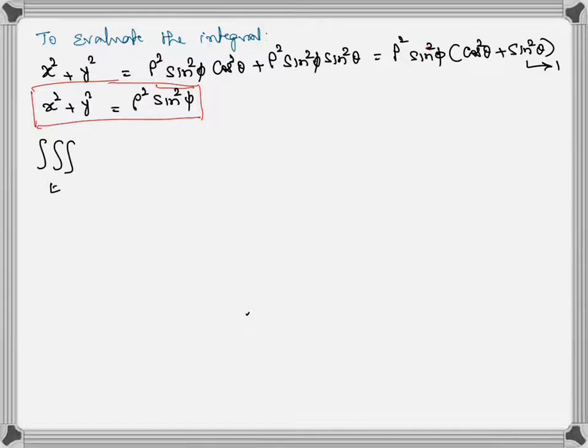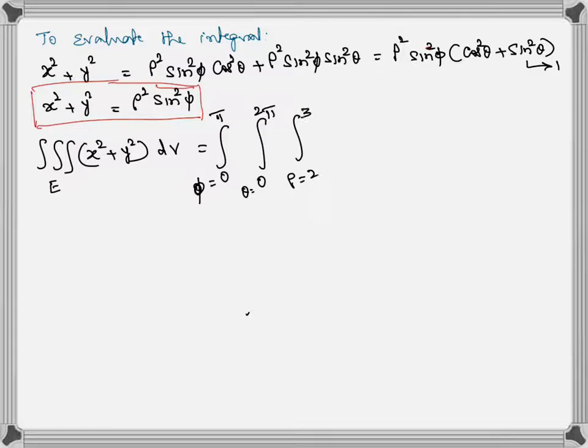So we have the integrand value. Now we'll evaluate the triple integral over E of x squared plus y squared dV, which is the integral from 0 to pi, those are the limits for phi. Then the integral from 0 to 2 pi, those are the limits for theta.